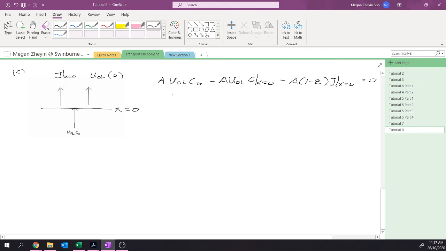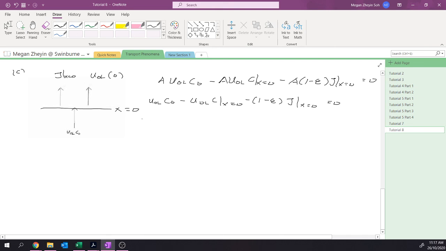So we divide everything by A, and we get uol C0 minus uol C at x equals to 0 minus 1 minus epsilon J at x equals to 0 equals to 0. Then we can move the equation around, and substitute your J with dE dC over dx.